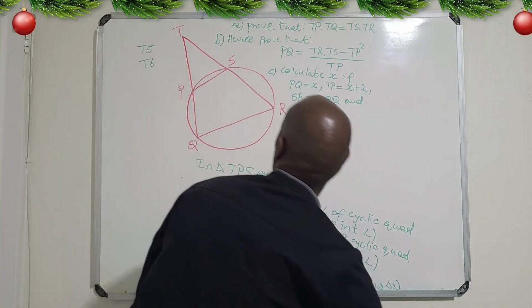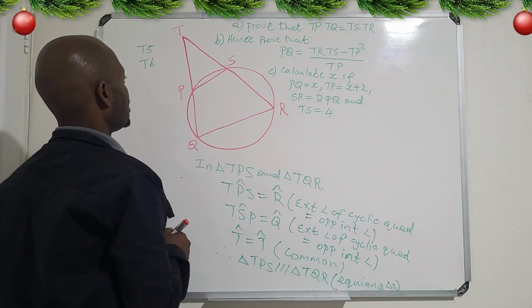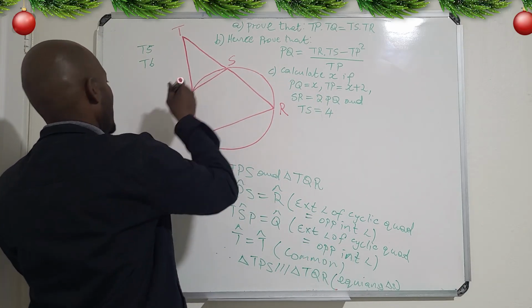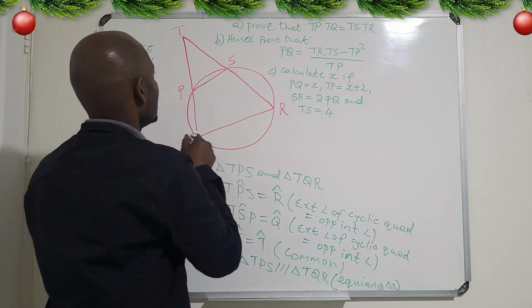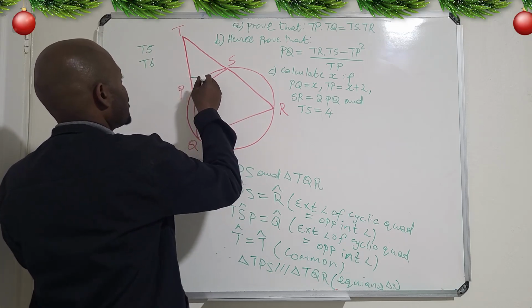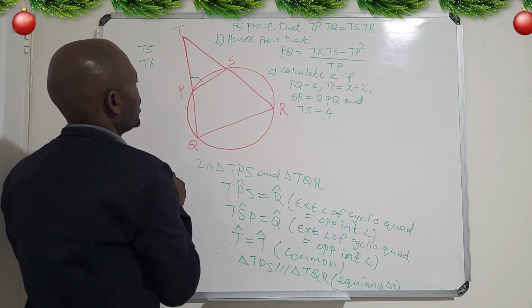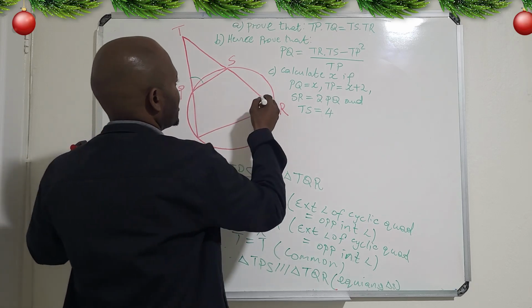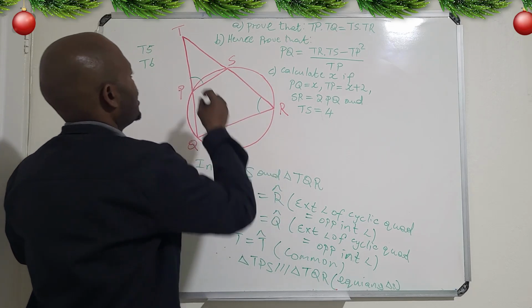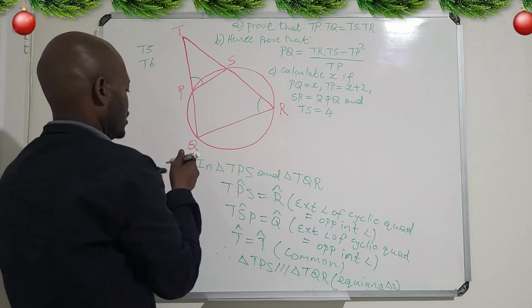Now, since this triangle is similar to this triangle, we can highlight angles which are equal. In this triangle, just going to use green. And this triangle, this angle, we said that it is equals to this angle in the bigger triangle.